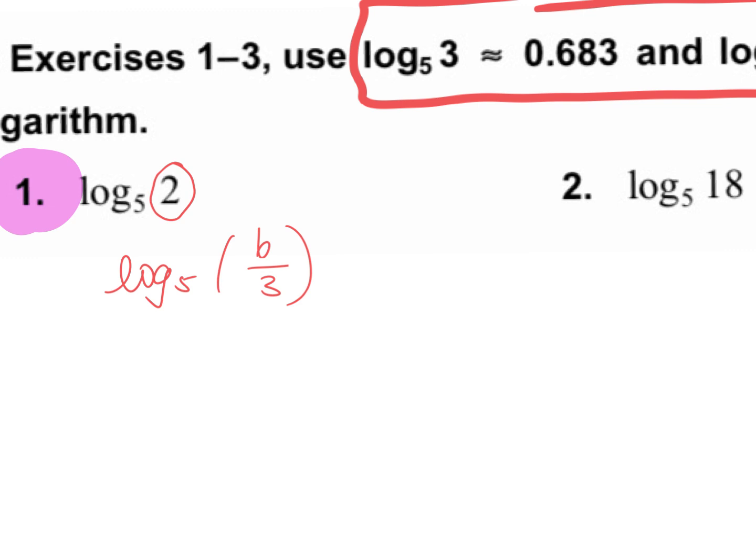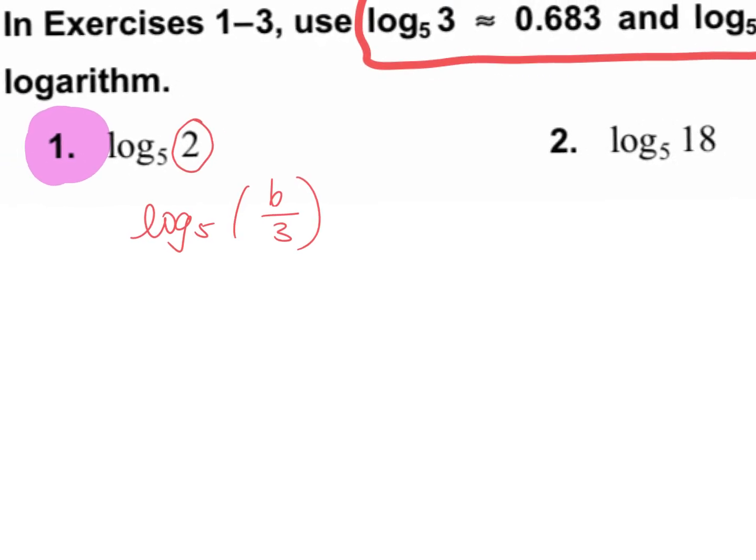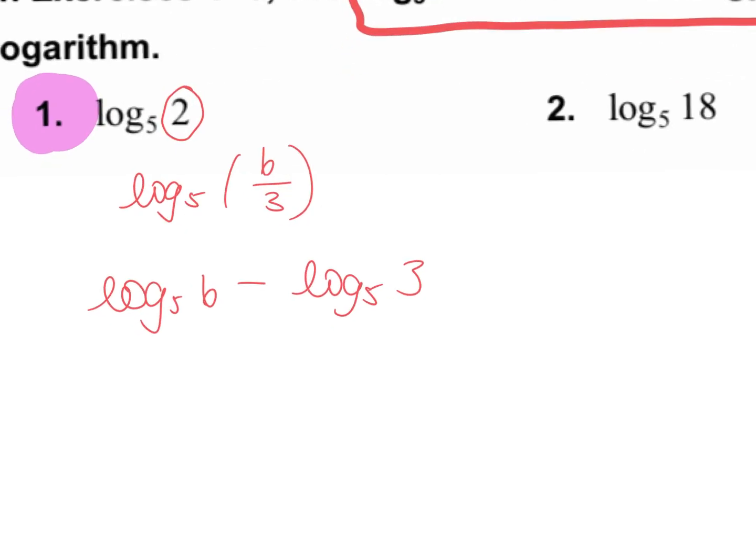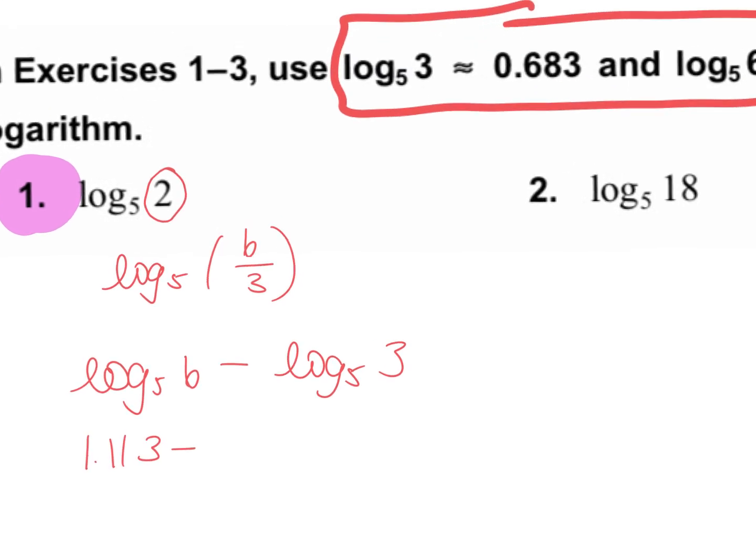2, correct. So when we have division, guys, when you pull it apart, when you go to evaluate, what does your division become? So this would be the same as log 5 of 6 minus log 5 of 3, correct? And then you use the equivalence that they gave you. 1.113 minus 0.683.